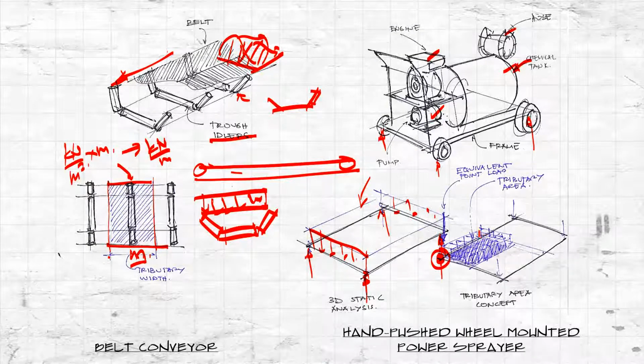It is simply by dividing this distance halfway and dividing this distance halfway. Okay, so this area right here is the loaded area that will contribute to the loading of this point right here. So that's just one way of simplification.